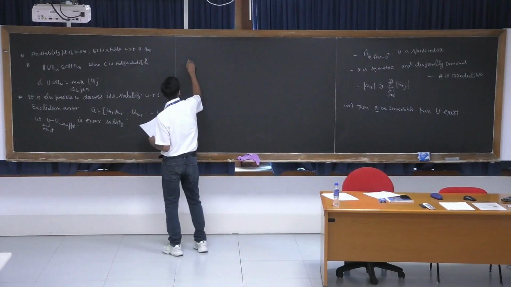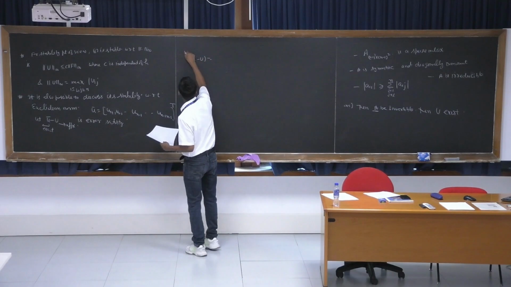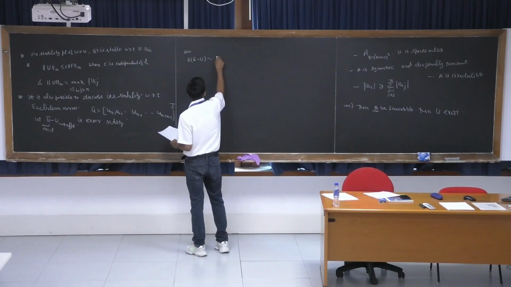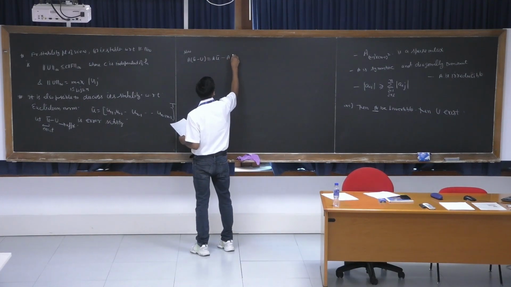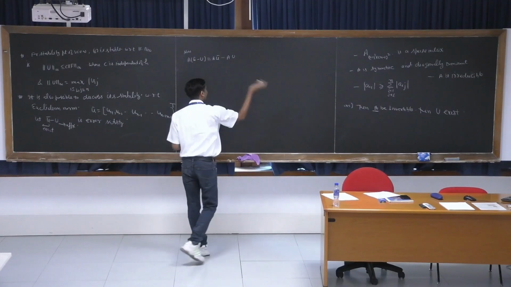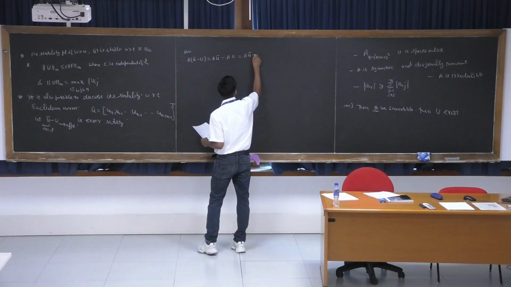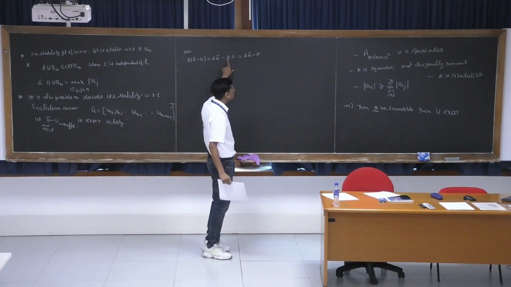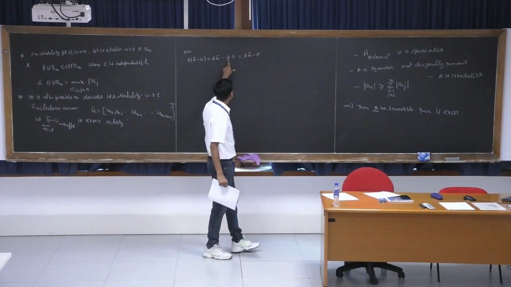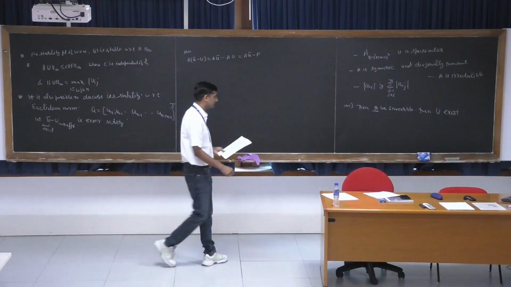So now start with A of u bar minus u, that is equal to A of u bar minus A of u. Taking A inside, this becomes A u bar minus capital F from equation 6, because capital A and capital U is nothing but capital F.